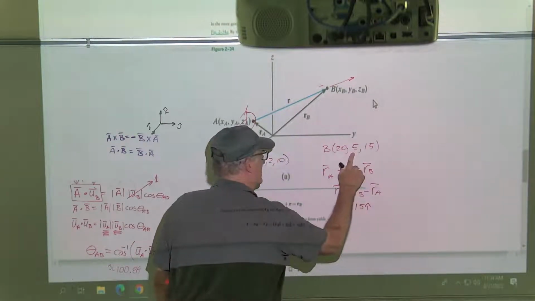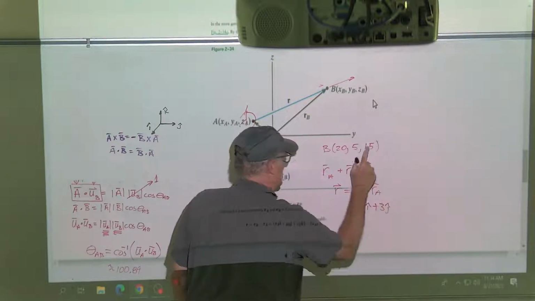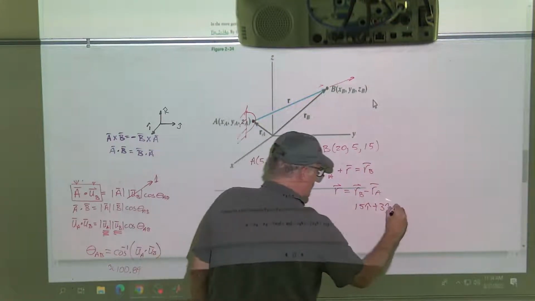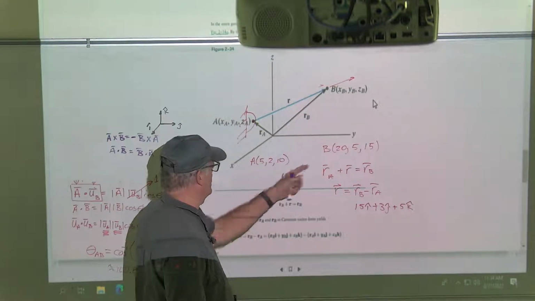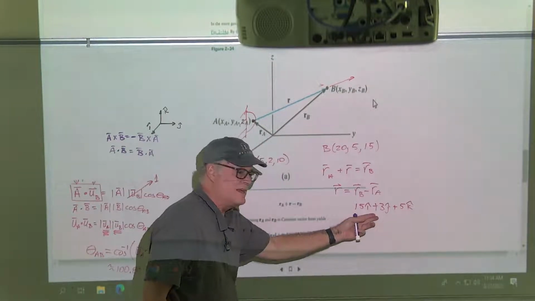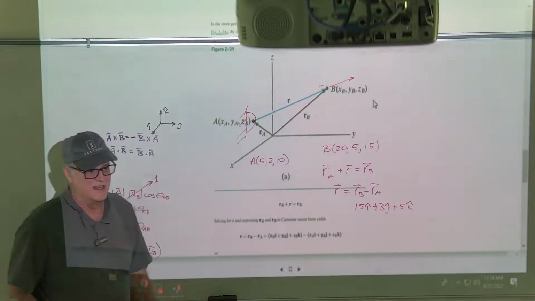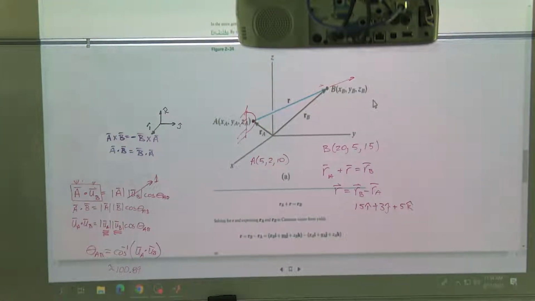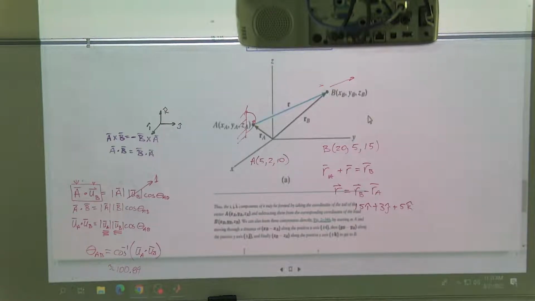I take that minus that, I get 3J. I take that minus that, plus 5K. If these are my two points, that is the vector between them. Now that I have that, I can work with it. Does this make sense? This is for when somebody has two points and doesn't want the coordinate system to lay on one of those two points. That's all it is. Okay, then you can start working with it.